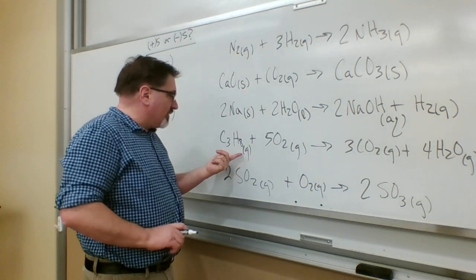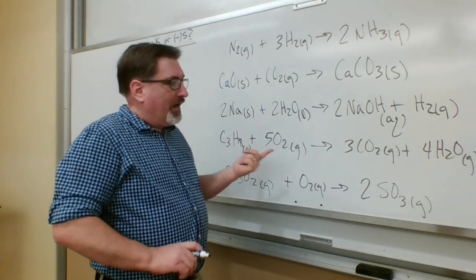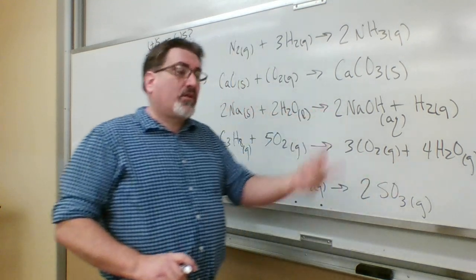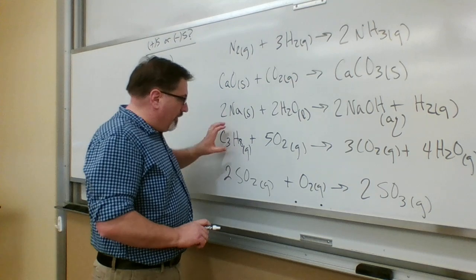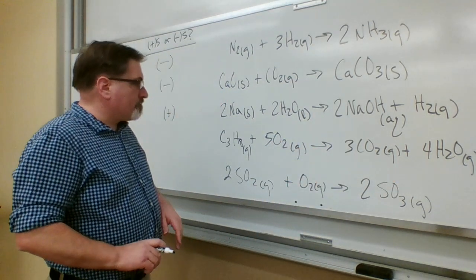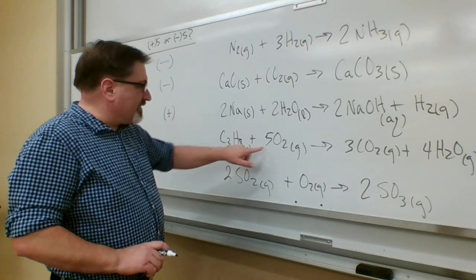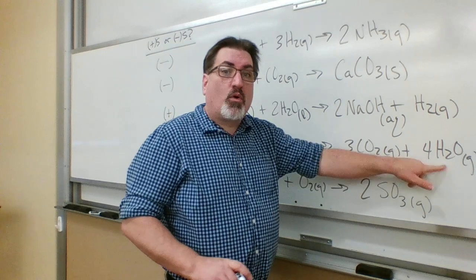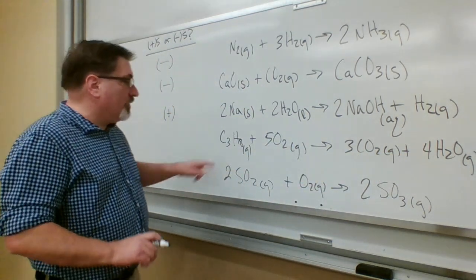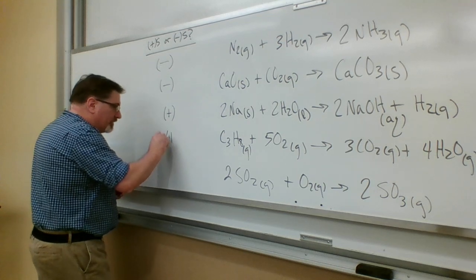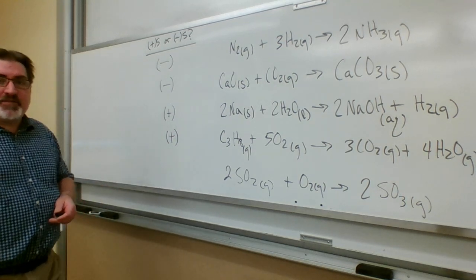We have a molecule with 11 atoms over here, and nothing on the right-hand side has more than 3 atoms. Okay, that's your clue that there's an increase in entropy. Big molecules becoming smaller ones. We also have 1 plus 5 is 6 moles of reactants and 7 moles of products. There's more moles of gas on the product side than the reactant side. That means typically positive change in entropy.